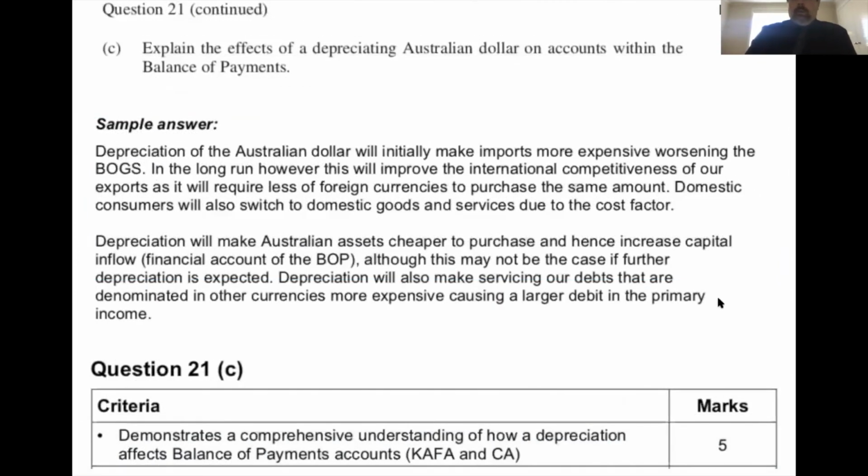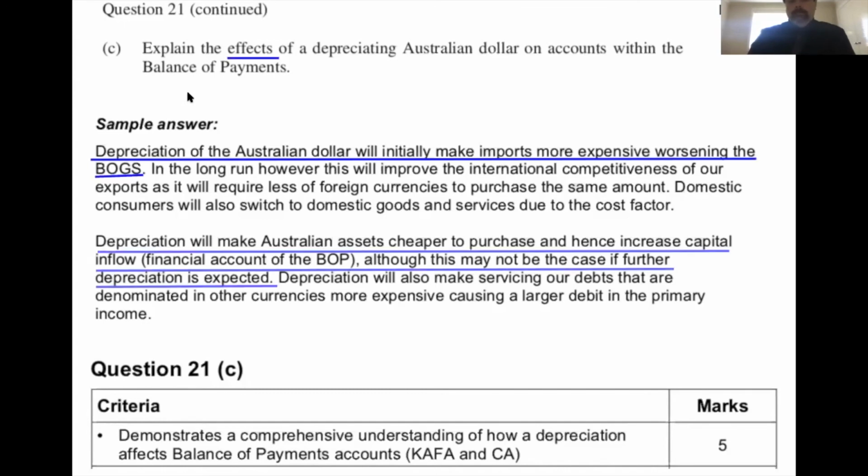So the next question here is 21C, and the question is explain the effects of a depreciating Australian dollar on accounts within the balance of payments. So remember from our previous video, we looked at an explain question on inflation. So we know that explain is looking at the cause and effects there.